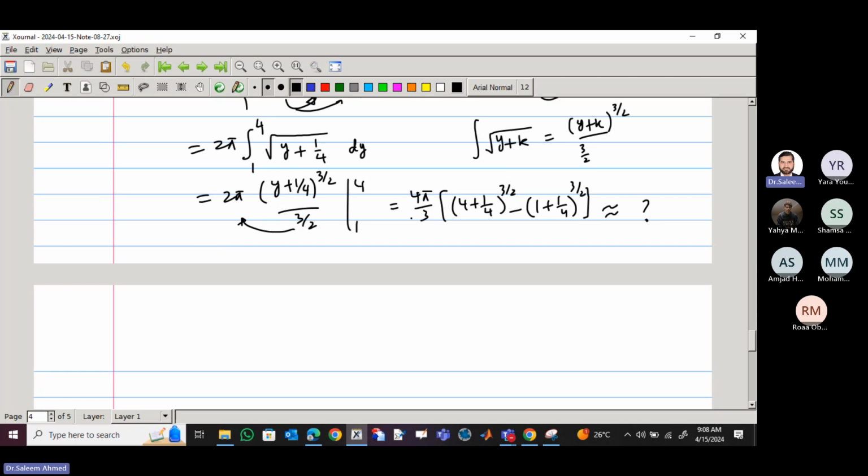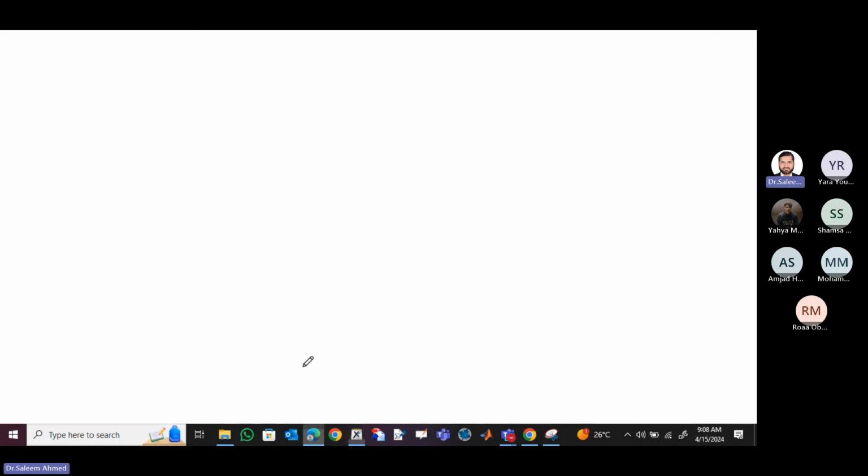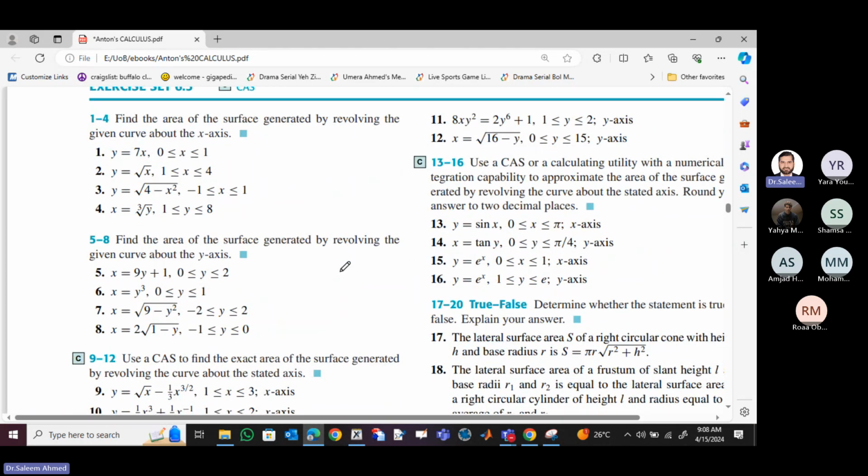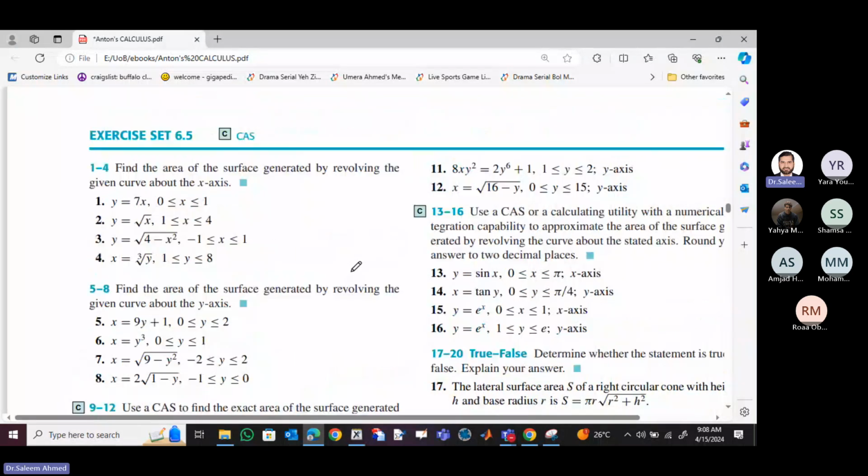Okay, so see, we can use both x and y directions that we have been using from day one. So let's see if I can attempt something from the exercises. So the first four questions are revolution about the x-axis, and these are revolution about the y-axis.